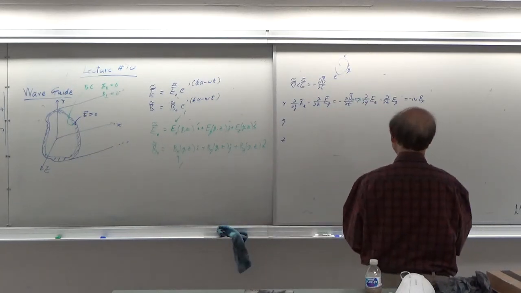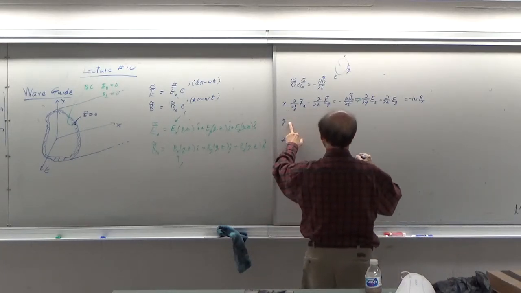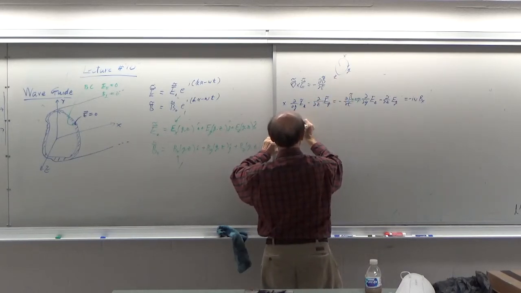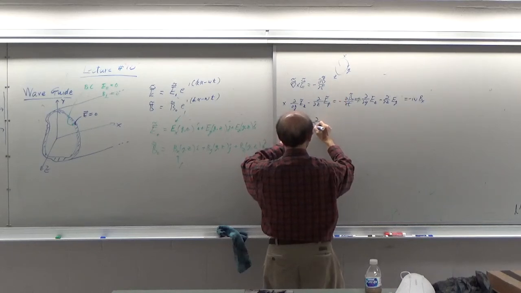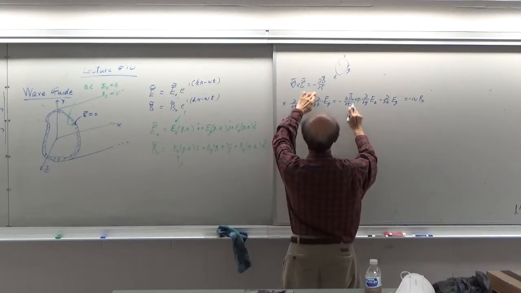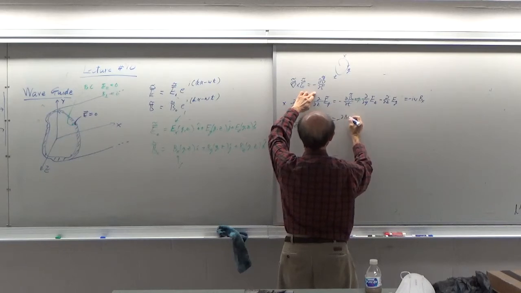All right. Next, let me take a look at the y equation. So I have del by del z acting on Ex minus del by del x, Ez. That would be equal to the y component, minus del By by del t.